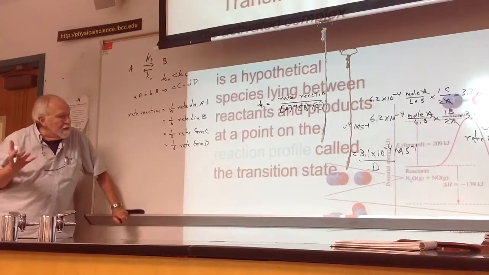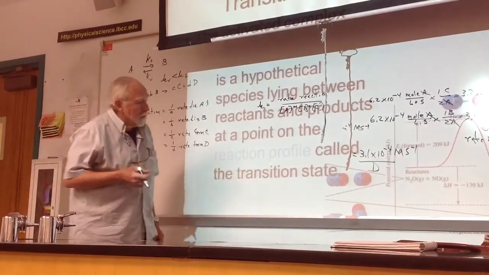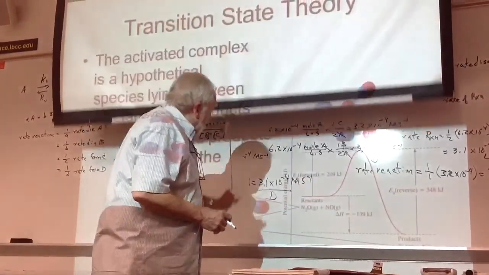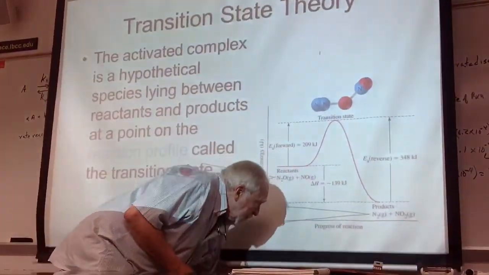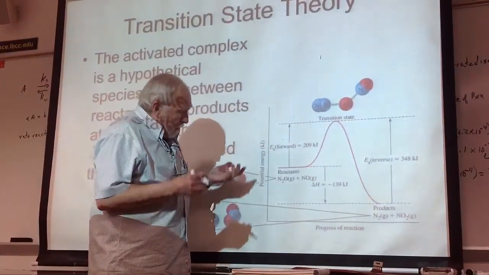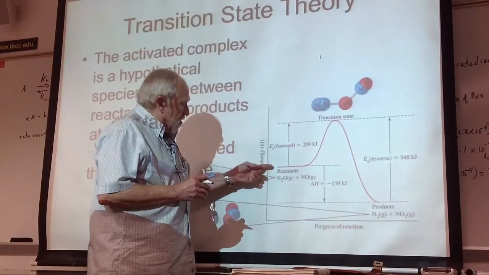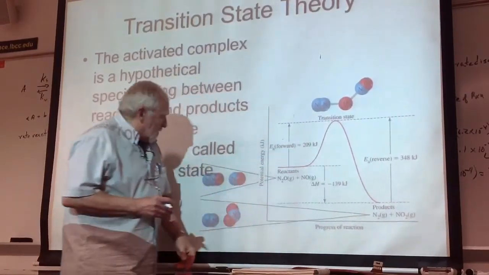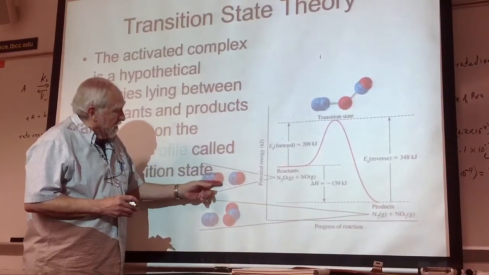So this is the reaction profile. Other books call it just following the progress of reaction or whatever. And you're looking at what happens as you progress in time. In other words, you start off here with reactants. They go through this transition state. Notice here they're colliding head-on.